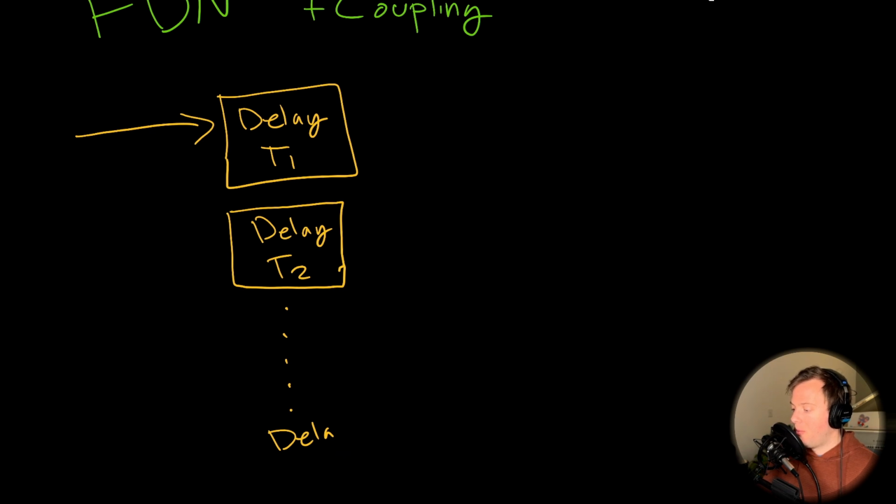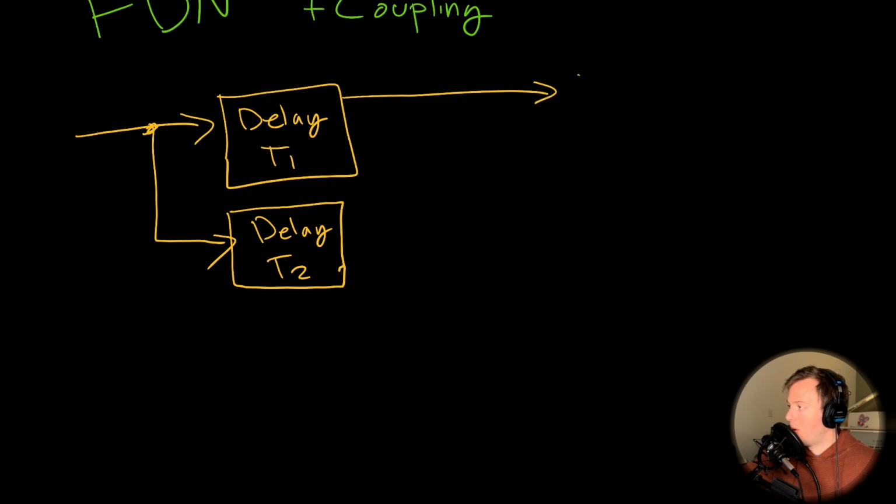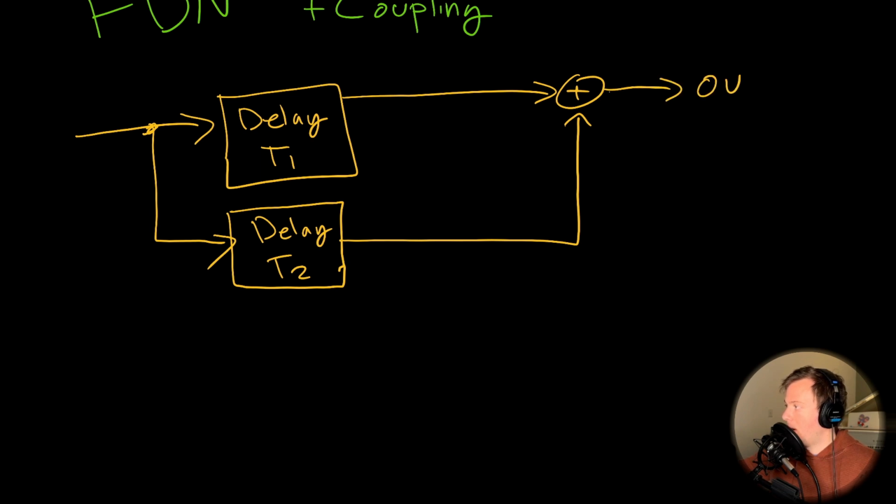But for this example, let's keep it simple so we can understand it clearly. The outputs of these are going to be simple. We're just going to have a summing option that puts together the output of our 2 delays. It's essentially 2 delays in parallel, right? That's what I should say.